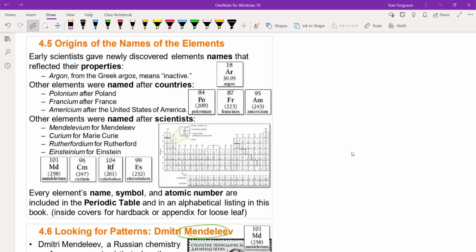Some of the newer elements are named after either the group or the person that was the principal investigator of the lab that created them. Einsteinium, curium, here's Rutherford. There's Californium, Seaborgium.